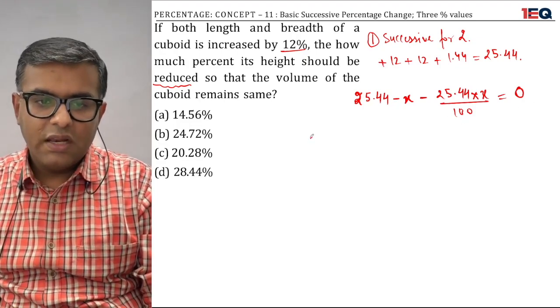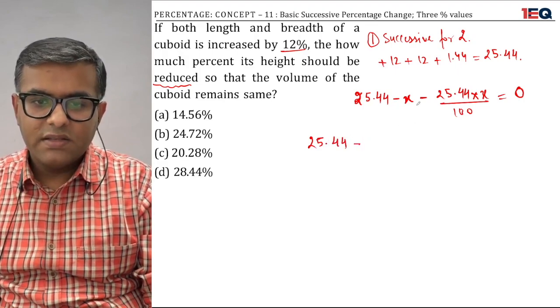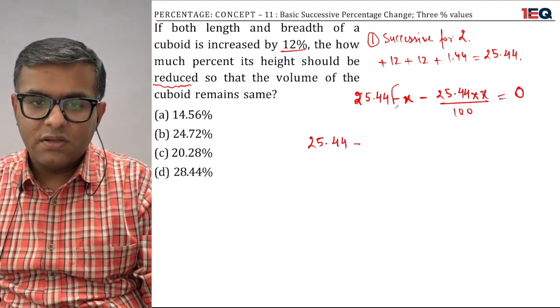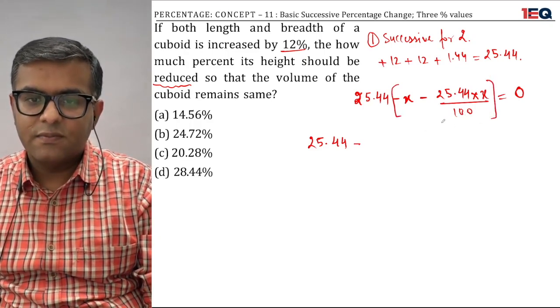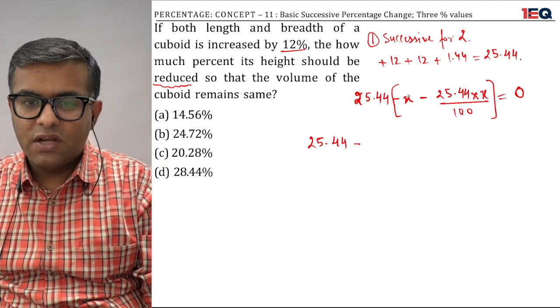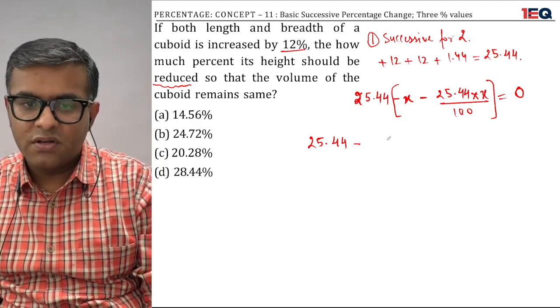Okay, so I'll help you solve it. 25.44 minus x, this whole equation can be solved with the help of x. Okay, so 100x would come here in minus, and you already have minus 25.44 with the coefficient of x.